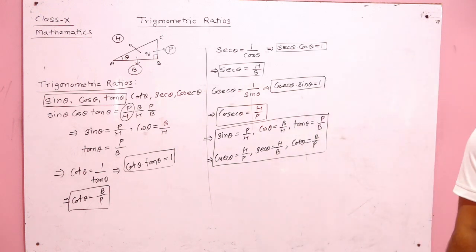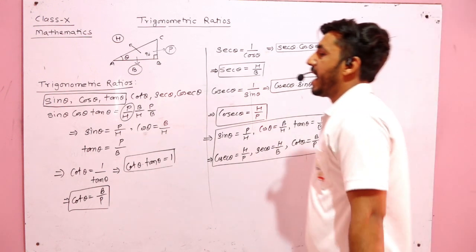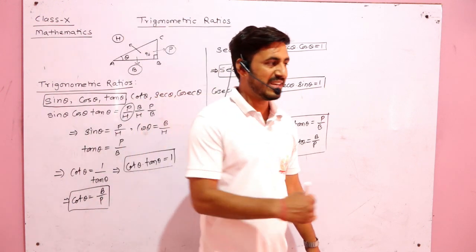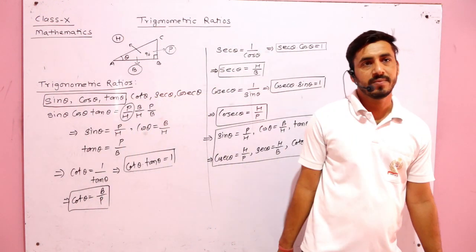Okay, in the next condition, we will find trigonometric ratios at different types of angles. What are different types of angles?